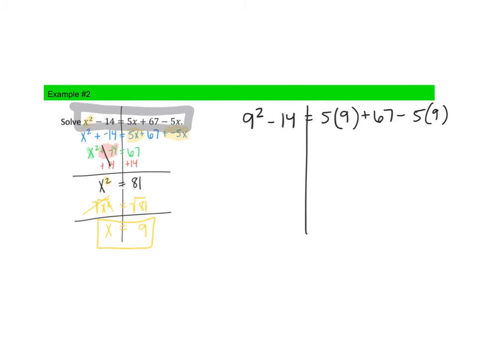Okay, and I'm going to solve this to see if it balances out. First thing I want to do is my exponents. 9 squared is the same as 81. On the right side, I'm going to do 5 times 9, which is 45. And I'm going to do my other 5 times 9, which is, again, 45.